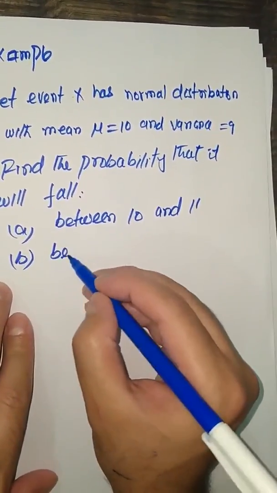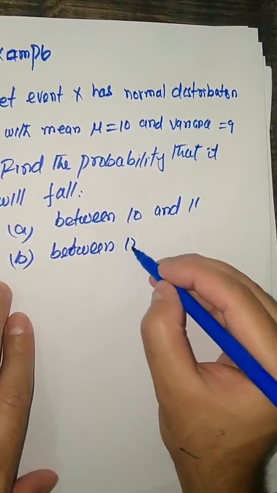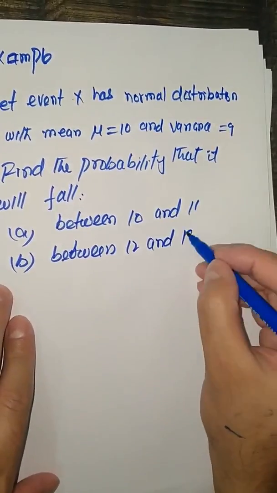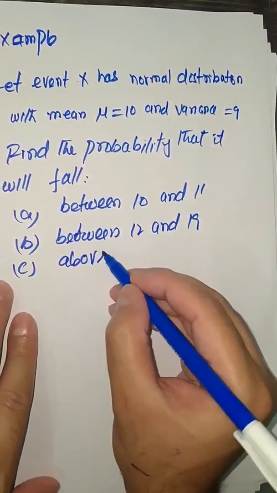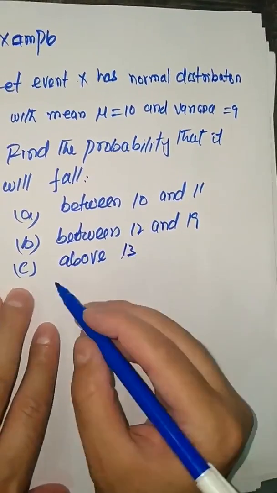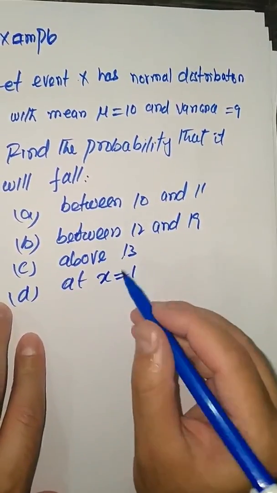Second case, between 12 and 19. Third, above 13, and D part is that x is equal to 11.